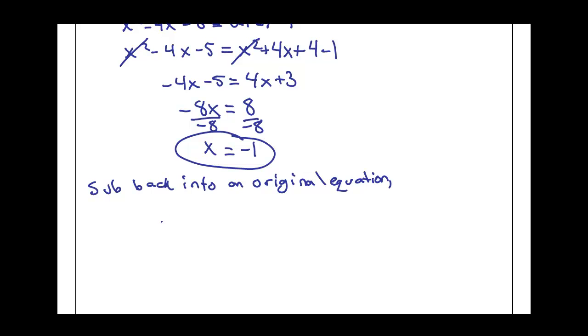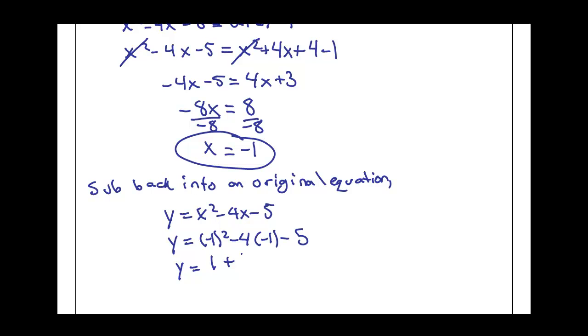So let's use equation 2: y equals x squared minus 4x minus 5. y equals negative 1 squared minus 4 times negative 1 minus 5. Solving, we get 1 plus 4 minus 5, and we get that y equals 0. So our final answer here is the solution of -1, 0, and that is the only solution we found.